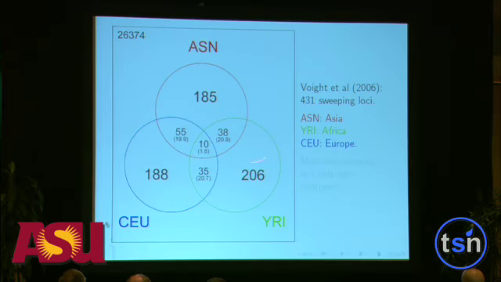So these guys recognized 185 selective sweeps in the Asian population, of which 38 were shared with YRI, which is Africa, and 55 were shared with CEU, which is Europe. Only 10 were shared by all three population groups.